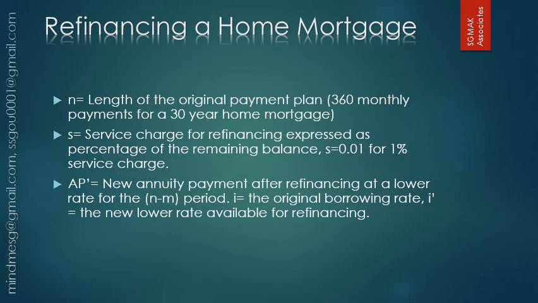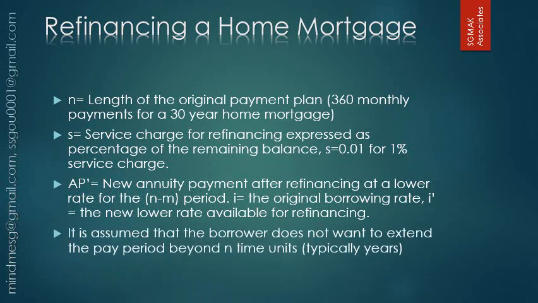I is the original borrowing rate, and I prime is the new lower rate available for refinancing. It is assumed that the borrower does not want to extend the pay period beyond N time units. That's a typical example of refinancing. How will you go about it when there is a drop in the borrowing rate and the bank allows you to refinance with a service charge?